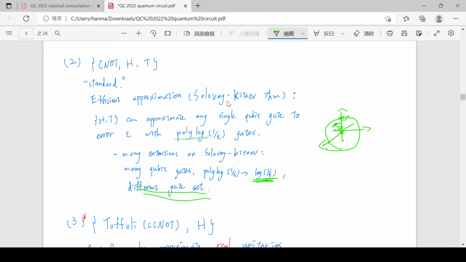There is work done recently showing that you can do this approximation in only linear log 1 over epsilon. And there are other finer details you can generalize, like Solovay-Kitaev type theorems, and that's quite interesting.